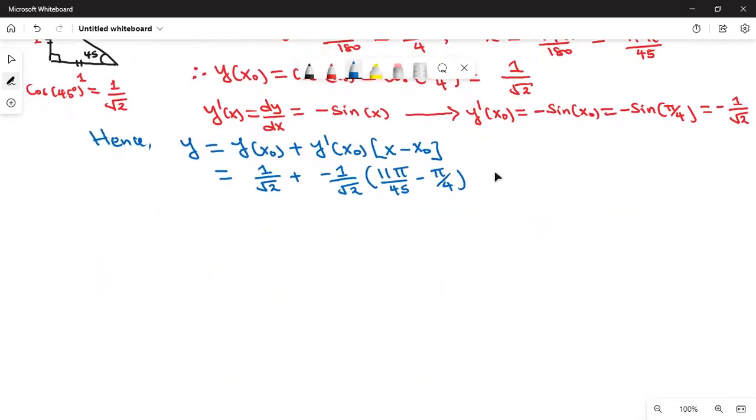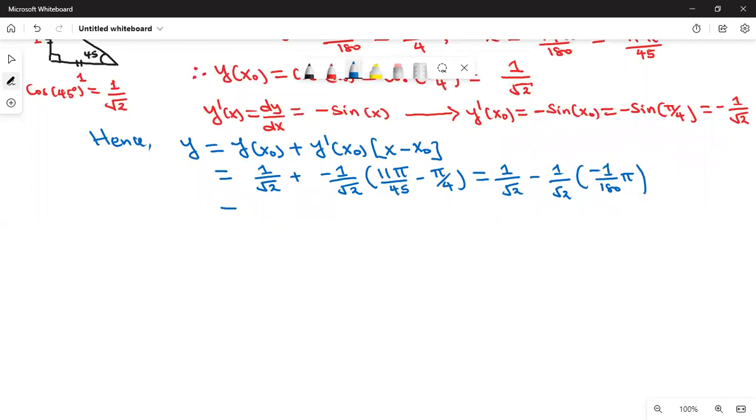So let's see, what is 11 over 45 minus 1 over 4? You can now try that. That should give you negative 1 over 180. So when I work this out, I'm going to get 1 over root 2 minus 1 over root 2 times negative pi over 180.